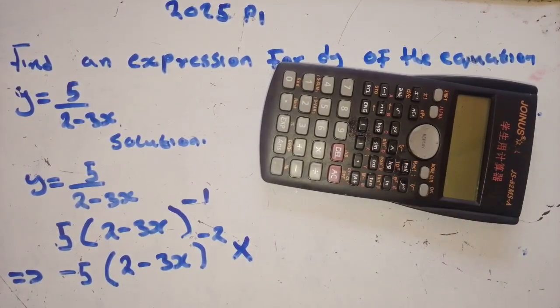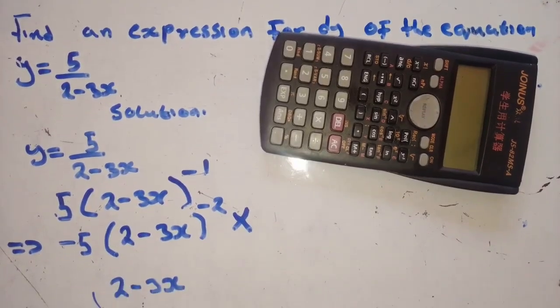If you differentiate 2 minus 3x, we know that the 2 becomes 0. So we're going to remain with 0 minus 3, hence we remain with negative 3.